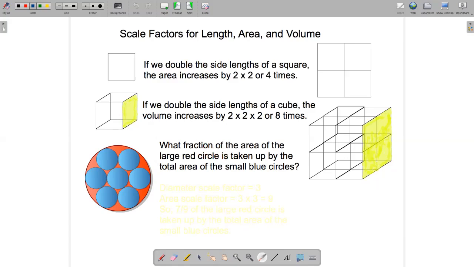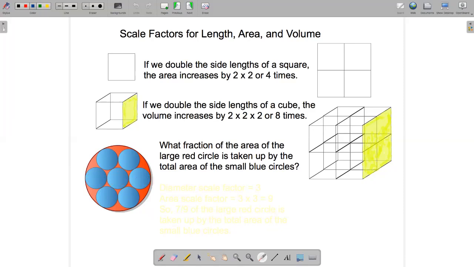So how could I possibly figure this out? Well, we can solve this problem by thinking about the scale factor for area. Okay, well, if we think about the diameter of each blue circle, I've put 3 of them next to each other, and that is the same as the diameter of the red circle.